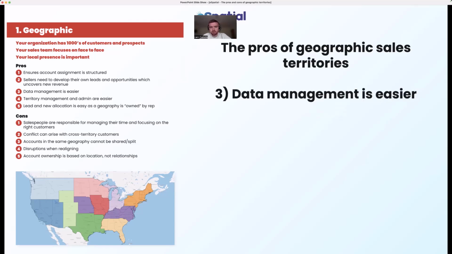Okay, so give us a third one then. Management of data is easier. What I mean by that is more just the raw data. Again, I'm going back to a zip code territory, just to make it easy to understand.